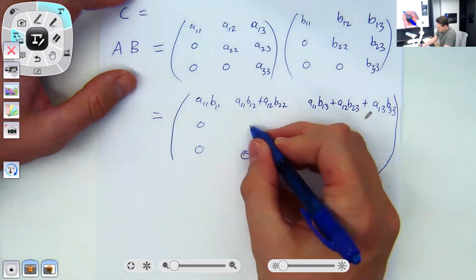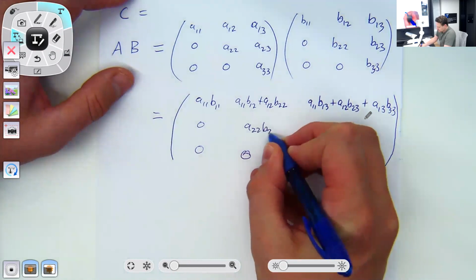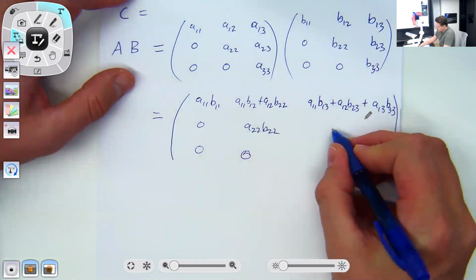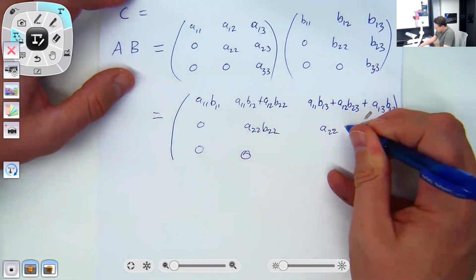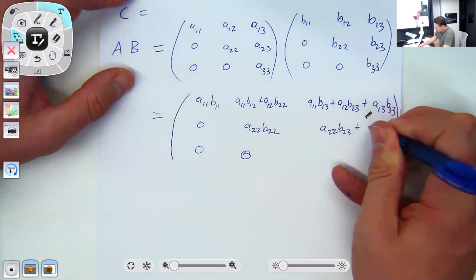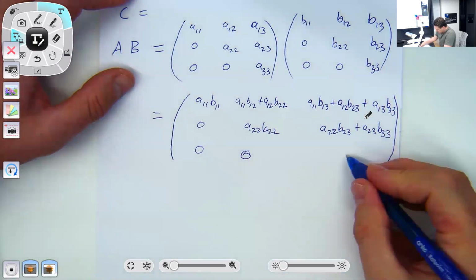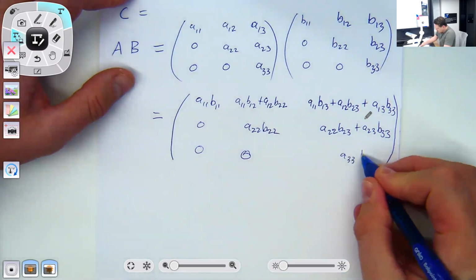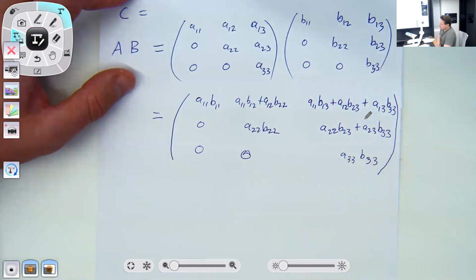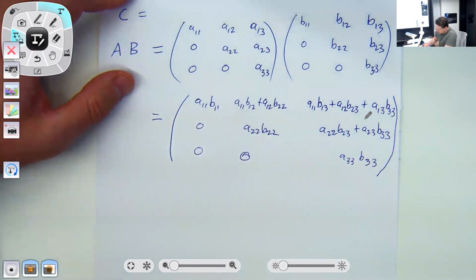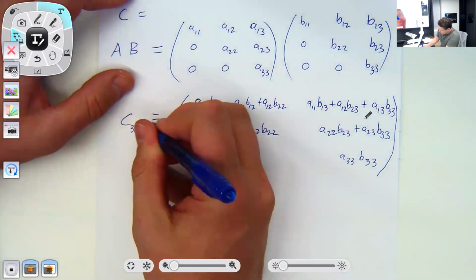Okay, then below I have A22, B22. And then under here, I have A22, B23, plus A23, B33, and then finally A33, B33. Okay, so here's our 3 by 3 product of A and B.